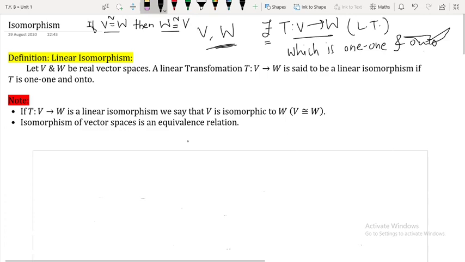It is transitive also: if V is isomorphic to W and W is isomorphic to some U, then V is isomorphic to U. This is the meaning of equivalence relation.